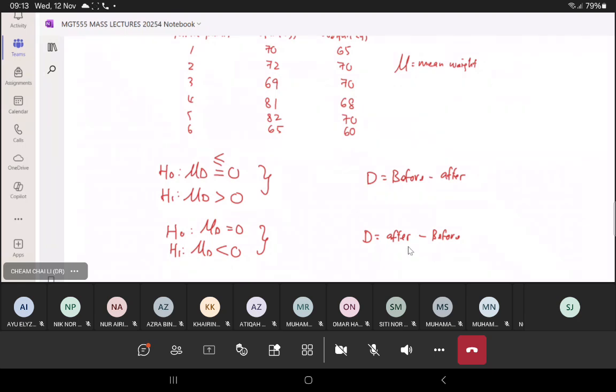So after minus before means the after weight is smaller, a small value minus a big value. So this one will get the sign less than, right? You have the less than sign. So if this is the case, for the alternative hypothesis, you can put mu d less than 0, right? The null hypothesis is still the same, you can put mu d equals to 0.